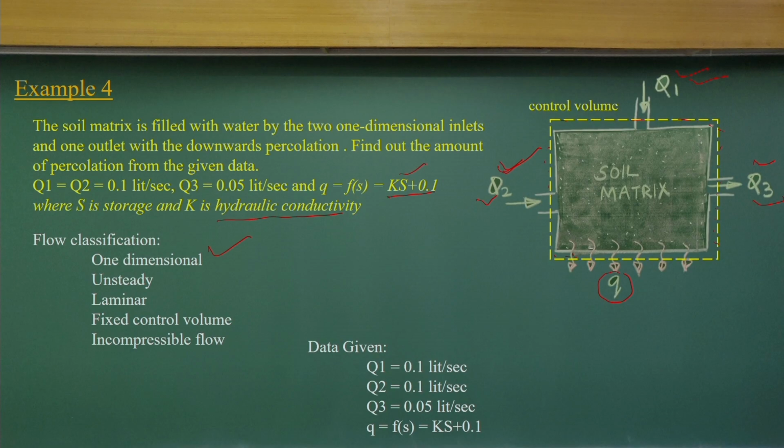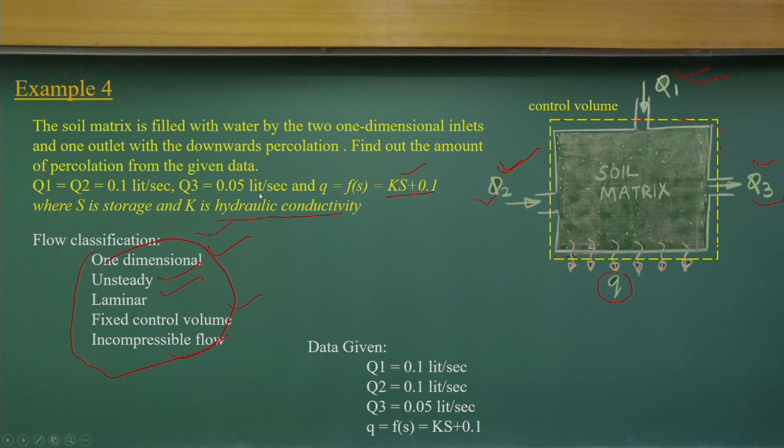The nature of the problem is one-dimensional flow across this control surface. It is unsteady, the flow is laminar, and the control volume is fixed with incompressible flow. These are the flow classifications, or you can say these are the assumptions.